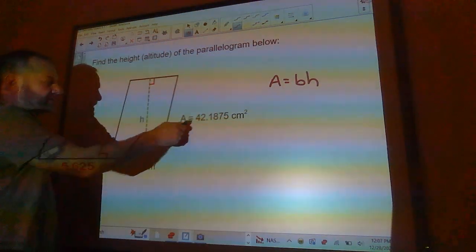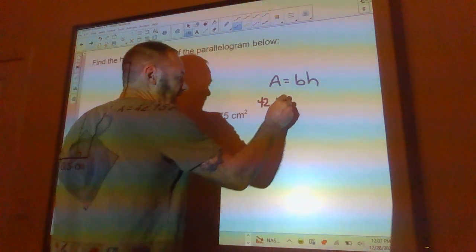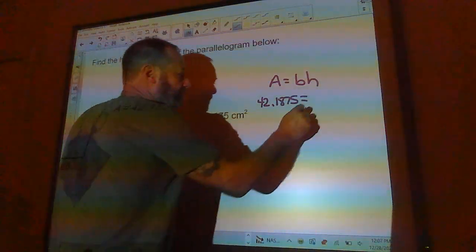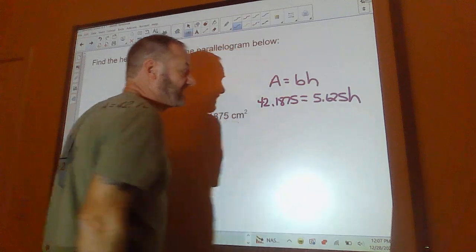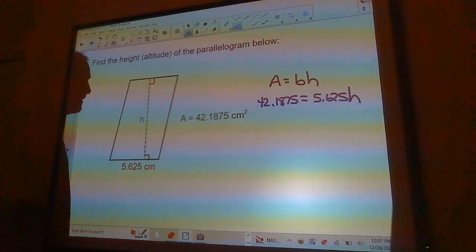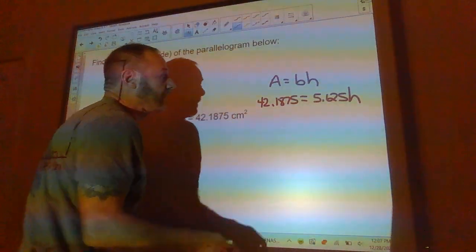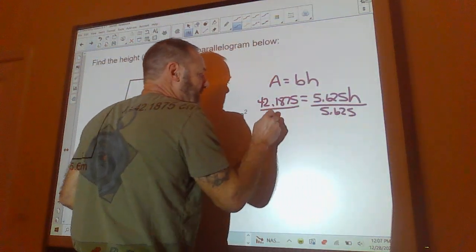To find this, it tells me the area this time is 42.1875, and it tells me the base is 5.625. So I just go ahead and put those in the positions, and I'm going to find the height this time. So I'm going to divide both sides by 5.625.